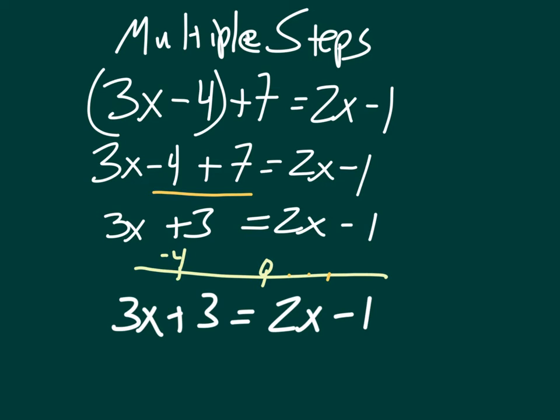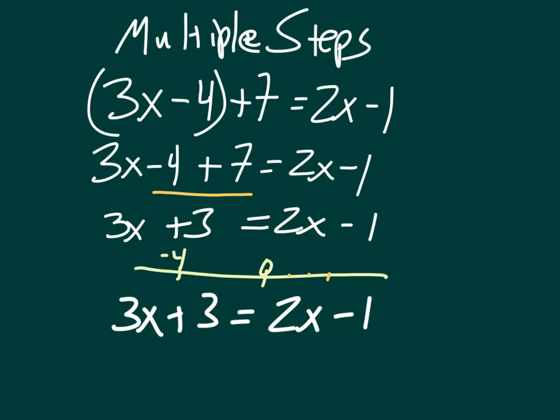And again, ultimately, my goal in solving means, can I get my variable all by itself on one side? So I just have at the end, in this case, x, because that's my variable. Do I have x equals something? But in order to do that, I need both of these x's on the same side of the equal sign. Equal sign, again, means balance.